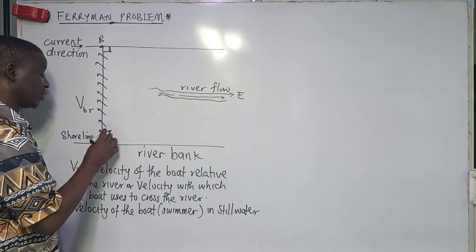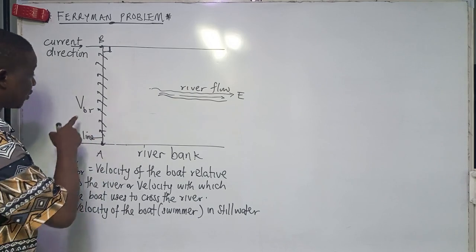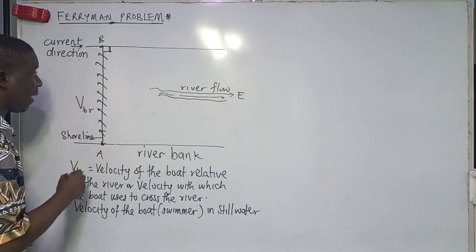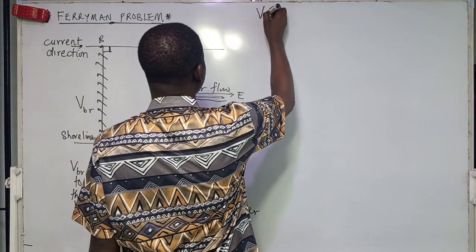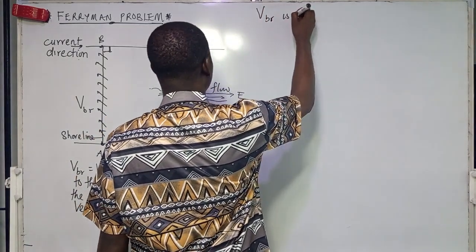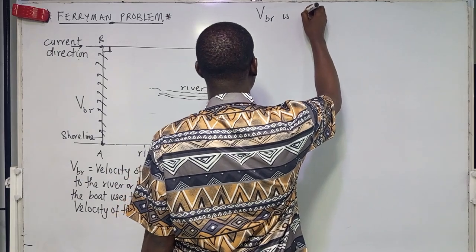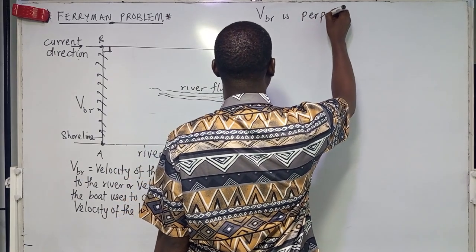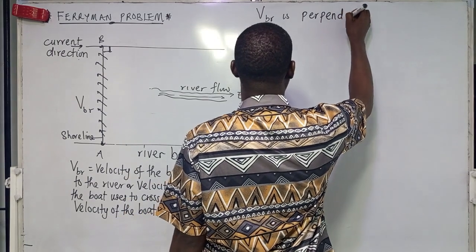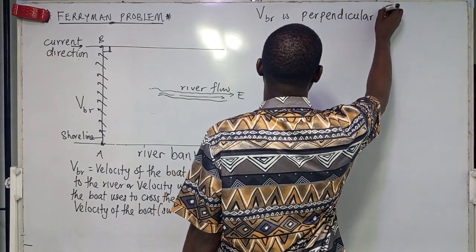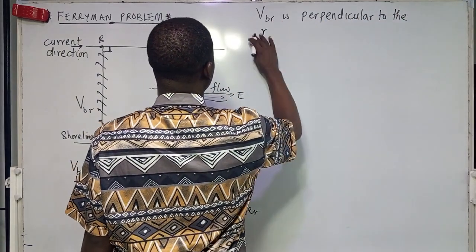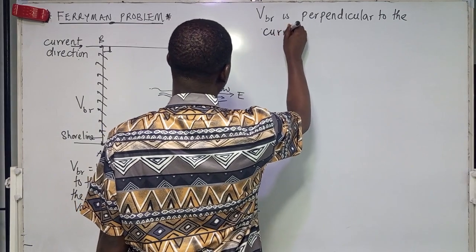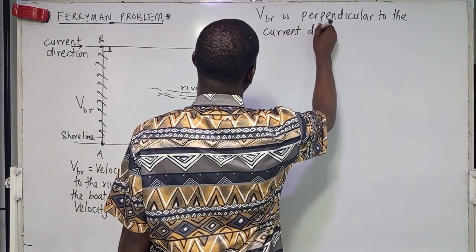Now we notice that this particular velocity, VBR, I told you is perpendicular to the current direction of the river.